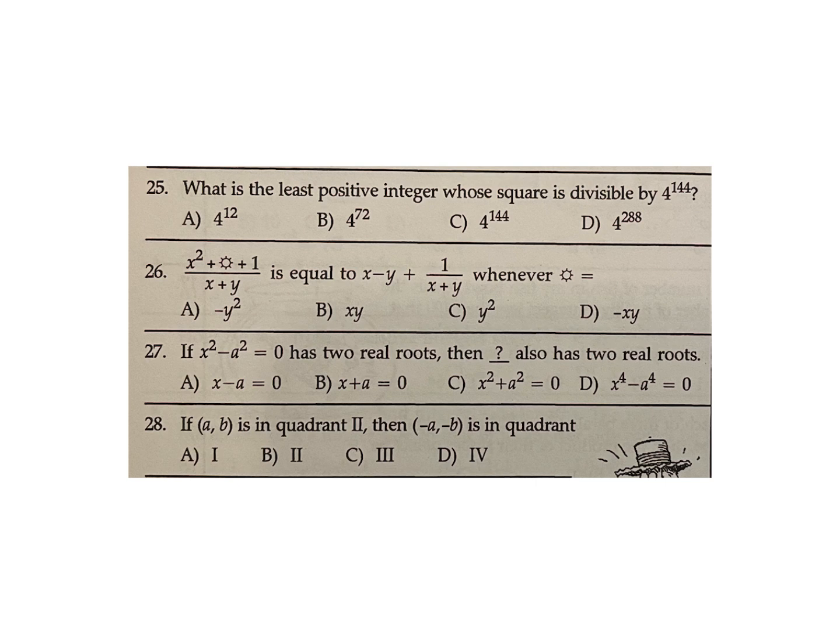What is the least positive integer whose square is divisible by 4 to the power of 144? Okay, so we have some positive integer whose square is divisible by 4 to the power of 144.